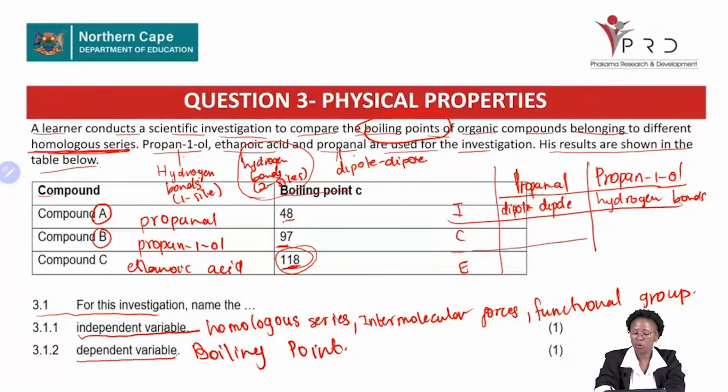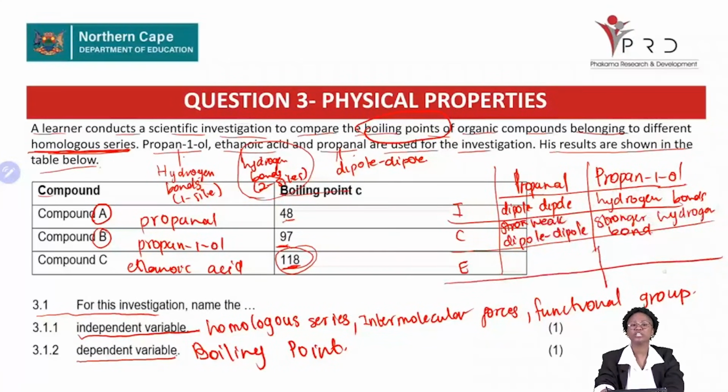Then I compare now. What am I comparing? The dipole with hydrogen bonds. So I'll say weak dipole. Compare the intermolecular forces, not the compound. And then this side I will say stronger hydrogen bonds. Then lastly, we talk about the energy required to overcome the intermolecular forces.